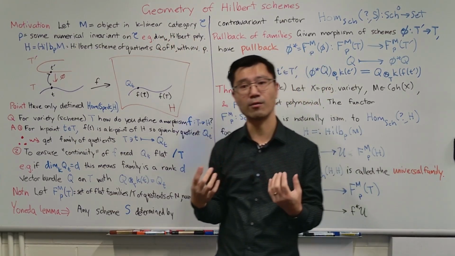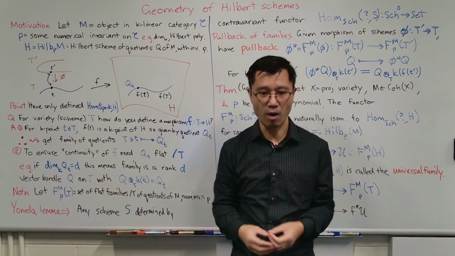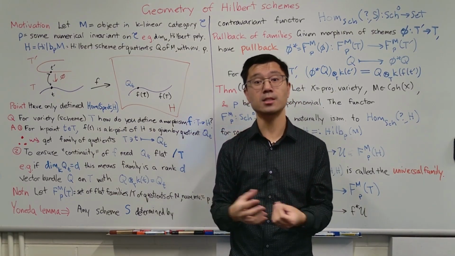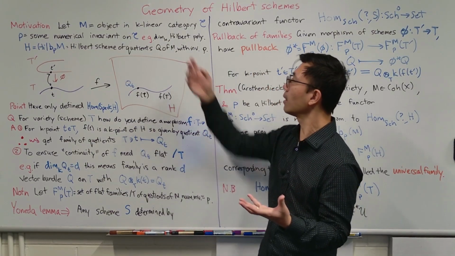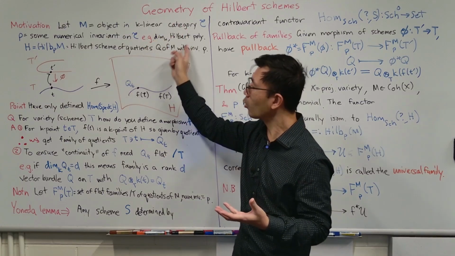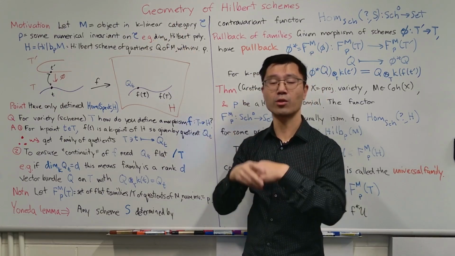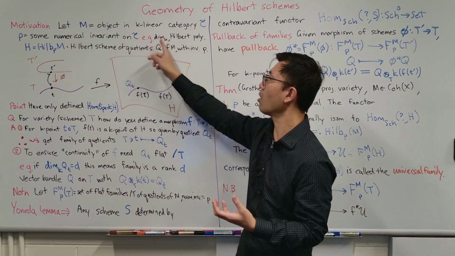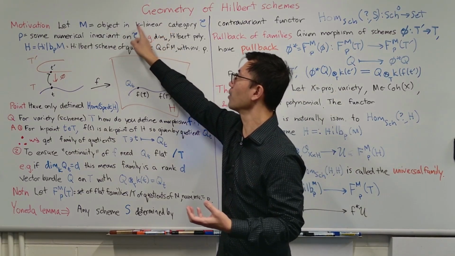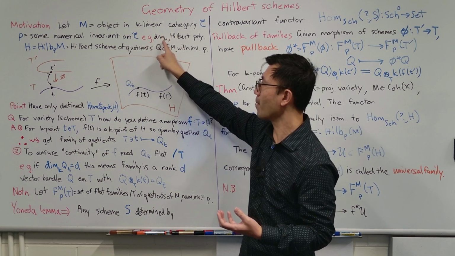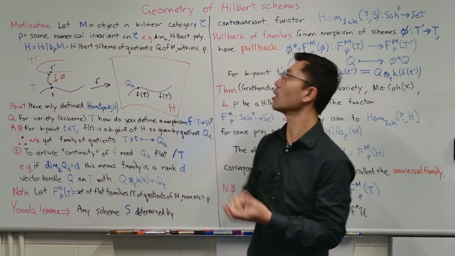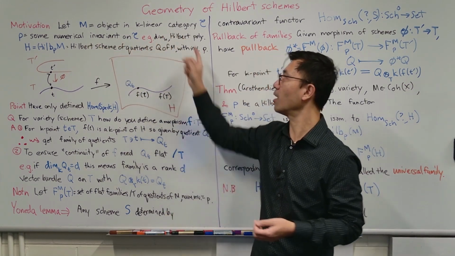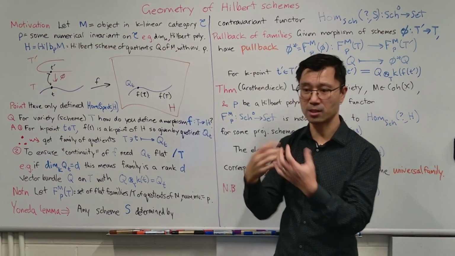If you're looking at, for example, the Hilbert scheme of n points on the plane, then the numerical invariant that you fix there is that you want the quotients to be n-dimensional vector spaces. So it's just a vector space over the field k, and you just look at the dimension. That's the numerical invariant you want. In general, you don't just have a single number which gives you that dimension.